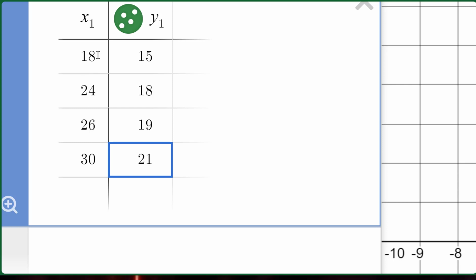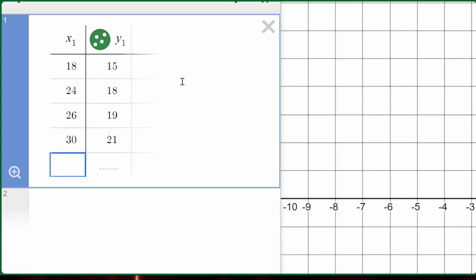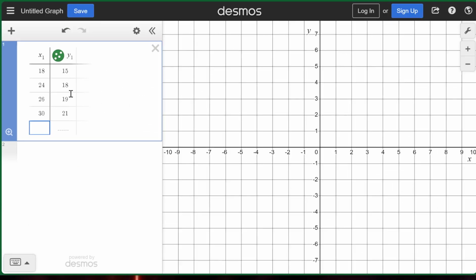X1 is 18, 24, 26, 30. Y1 is 15, 18, 19, 21. Be careful and double check you wrote the table correctly. So cuidado y chequear dos veces si tienes los números correctos.